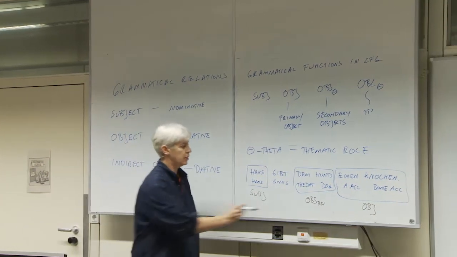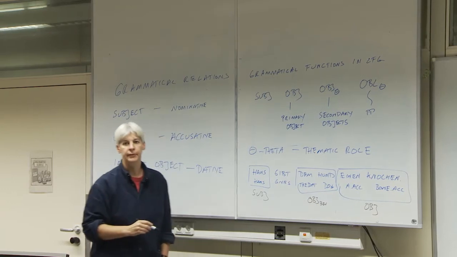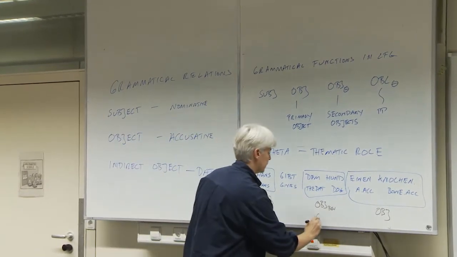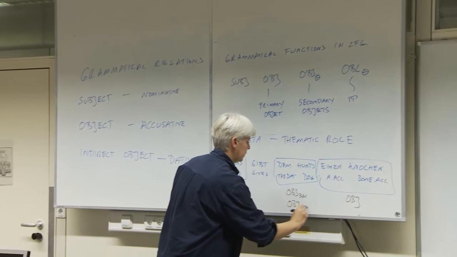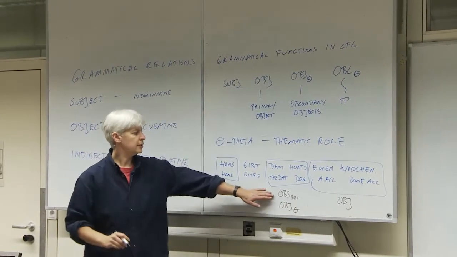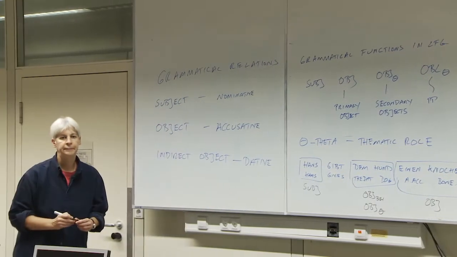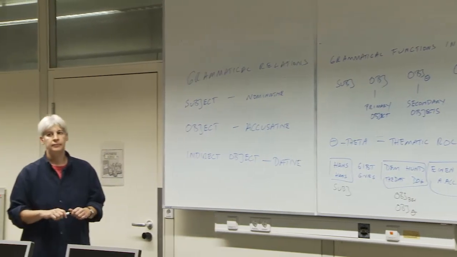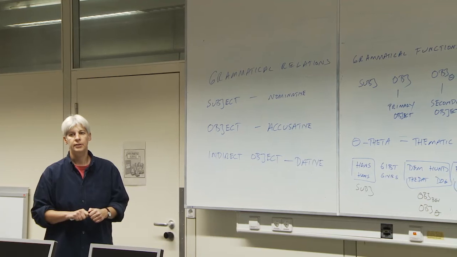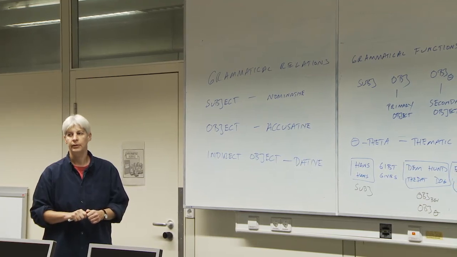So you might want to notate exactly what kind of object it was, okay? So this is an object theta, and the specific instance of it in this case would be a beneficiary or a goal or something like that. Questions? There's some skeptical looks.